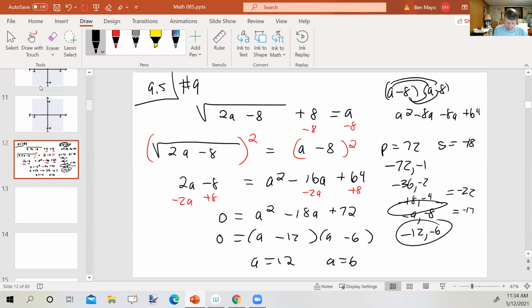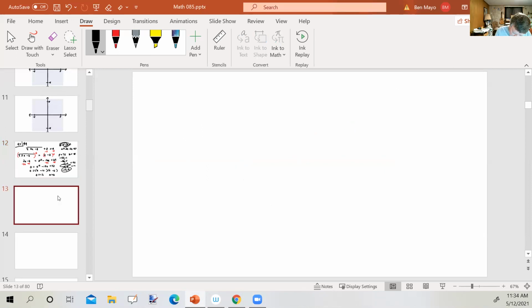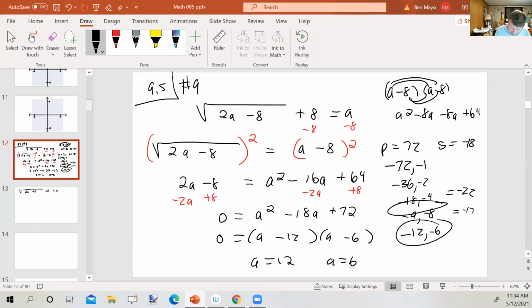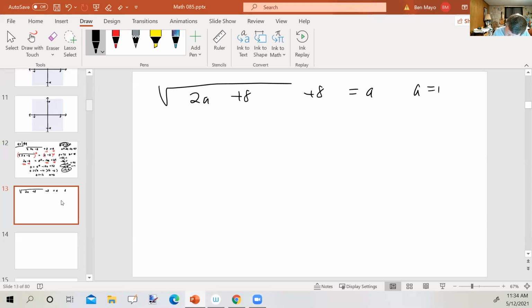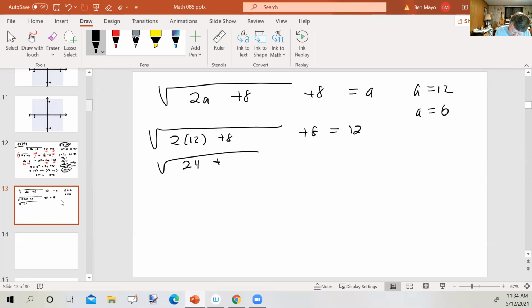Let's take the original equation. We're going to go back onto the next page, so we've got some more room. We've got the square root of 2a plus 8, and then plus 8 equals a, and our solutions are 12 and 6. At least we're going to check those. All right, so if a is 12, we would have the following: 2 times 12 plus 8 plus 8, equals 12. Square root of 24 plus 8 plus 8 equals 12.